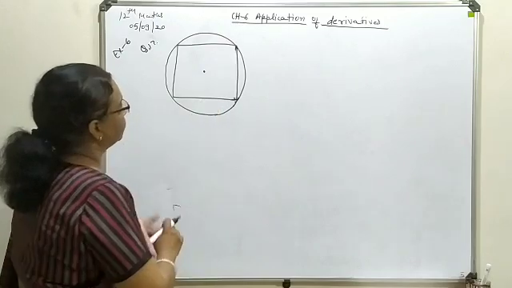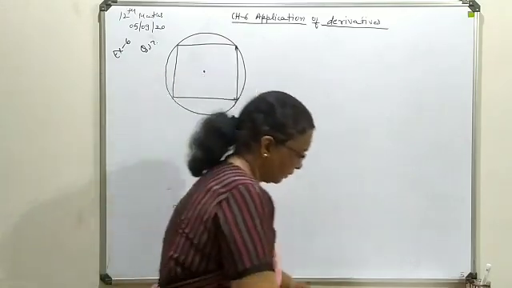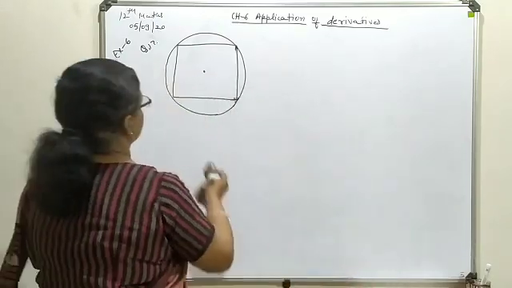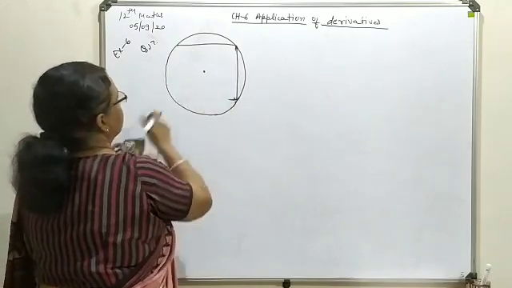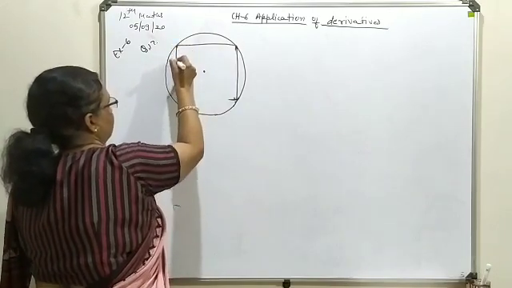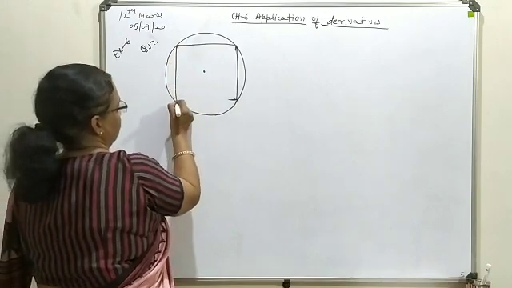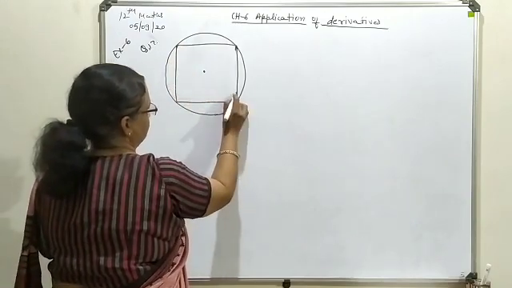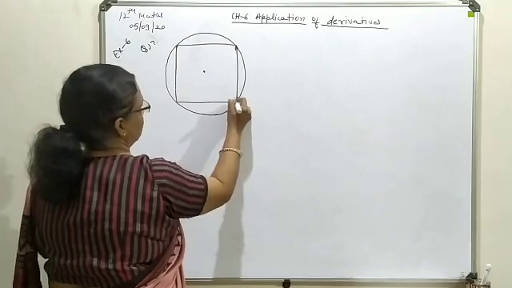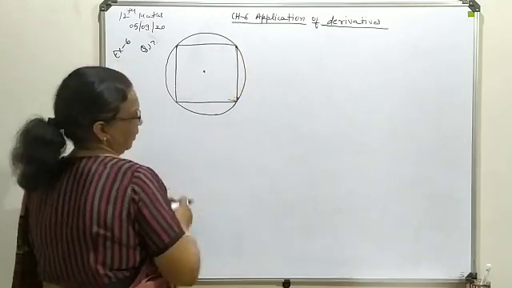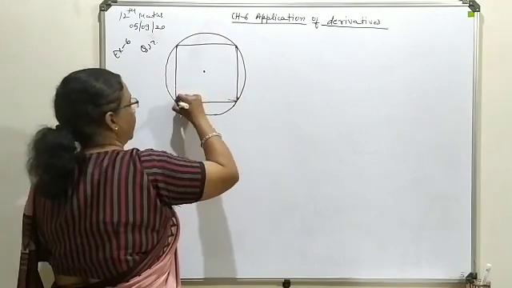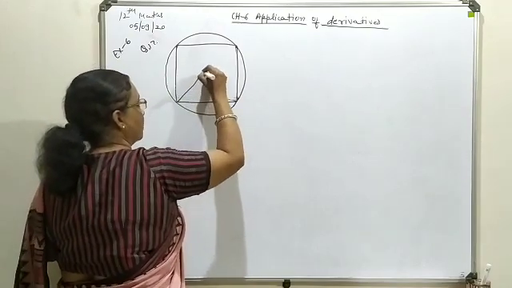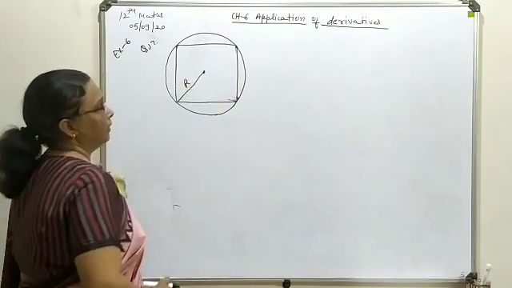The radius of the sphere is capital R, so you can suppose this as the radius of the sphere.